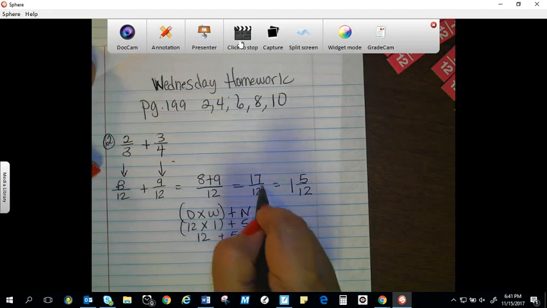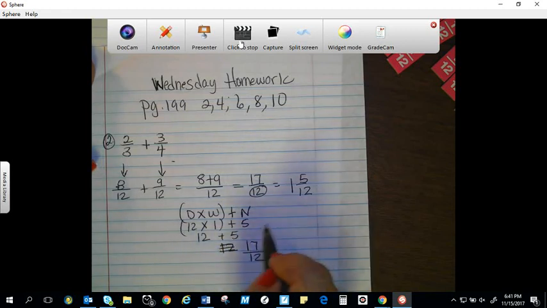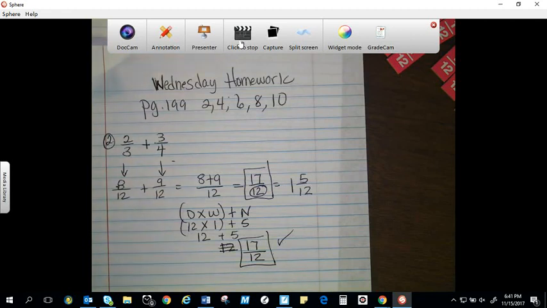My denominator never changes, and that's what I originally started off with. So my work is correct. Okay, there we go.